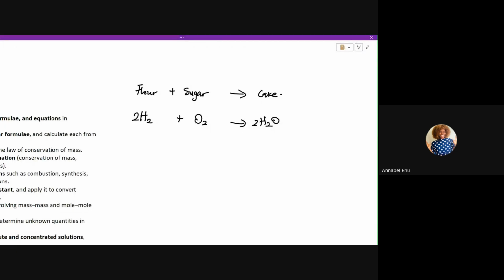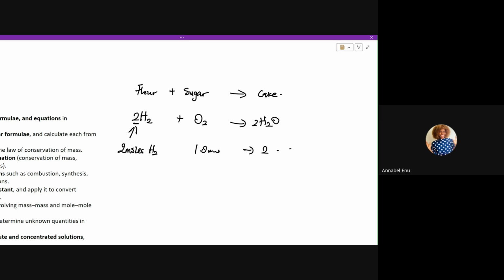So this is telling us that we need 2 H2, these 2 here being the moles, to react with 1 oxygen to give us 2 water. It's more like saying 2 moles of hydrogen molecule with 1 mole of oxygen molecule will give us 2 moles of water.